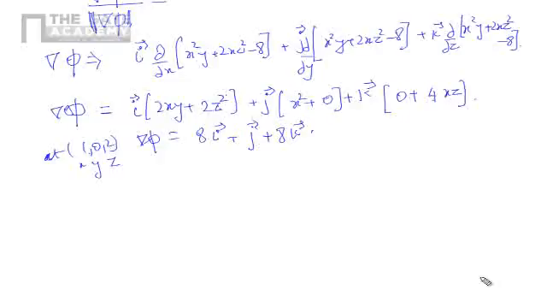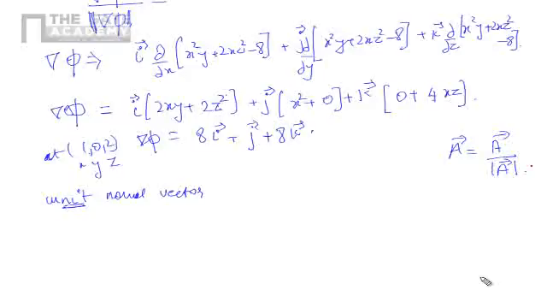Now how will you find the unit normal vector? Whenever you are asked to find the unit vector, if you have a vector a, the unit vector along a is nothing but a divided by modulus of a.